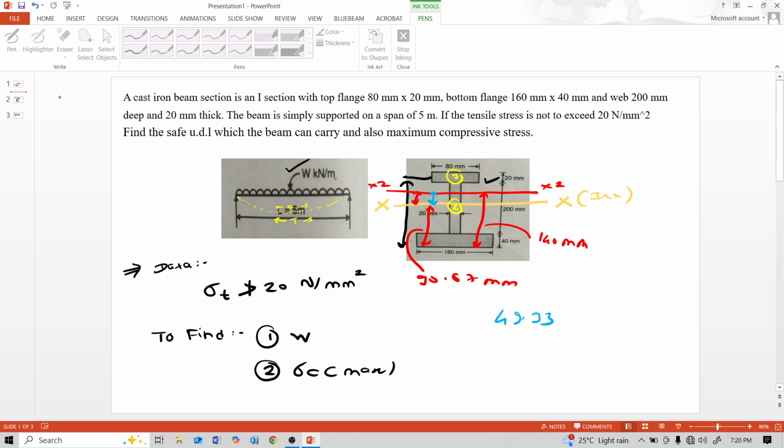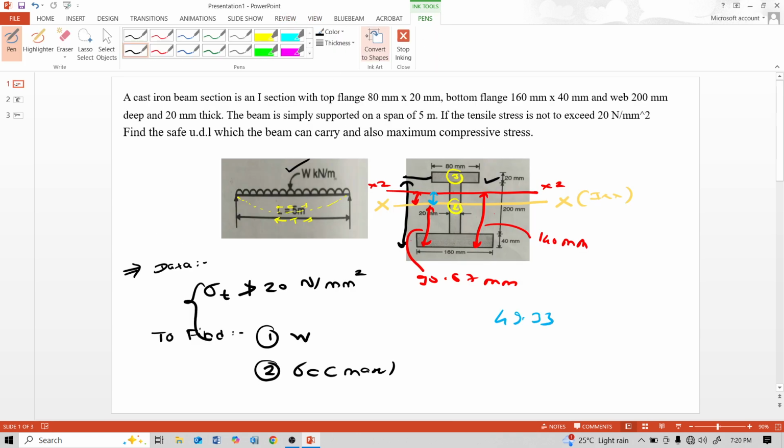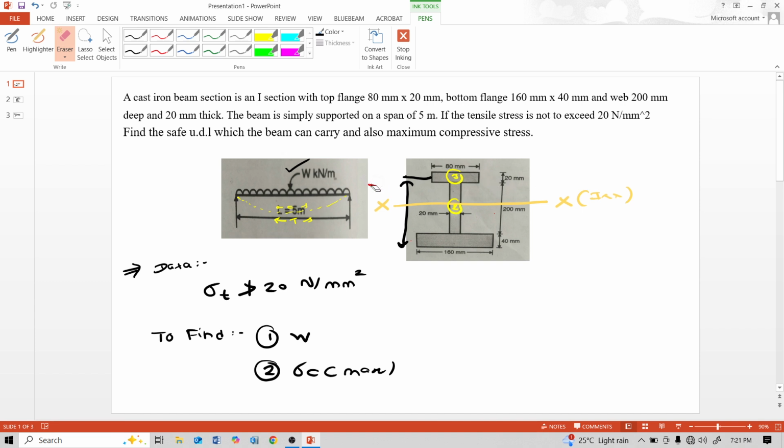Ix3, the moment of inertia about this axis, this top flange mid axis x3.